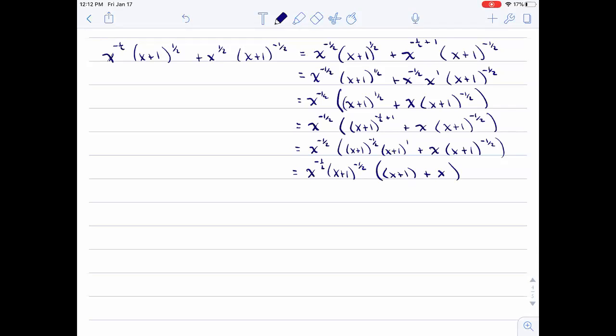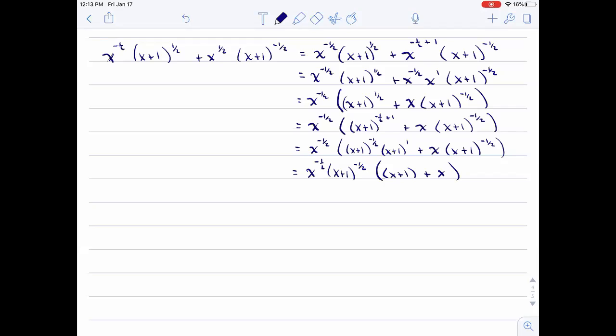All right. Would it be easier to just put them under the radical sign instead? You could, if you want to talk about the square roots, because we're talking about 1/2. A power of negative 1/2, for example this x plus 1 to the negative 1/2, you could rewrite that as 1 over x plus 1 to the 1/2, which is 1 over the square root of x plus 1.